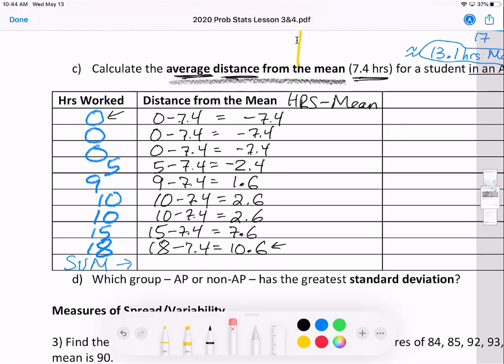So all these have been rounded. So you do get 0.4 if you add those. But if you find the sum using the unrounded number, using the 7.444, you actually get a sum of 0.